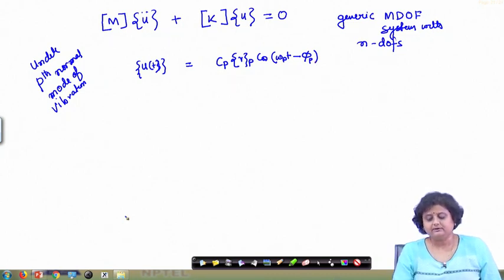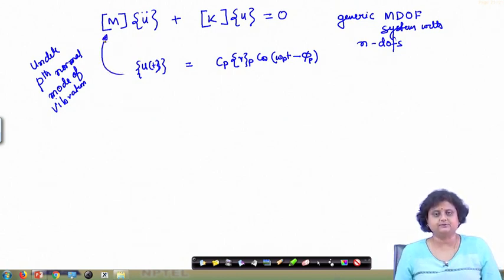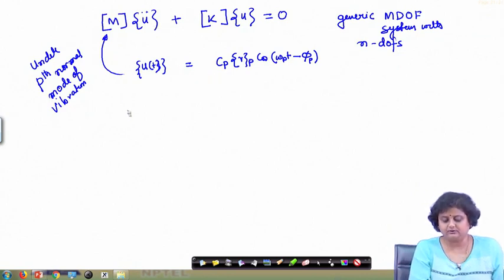Since this is a normal mode of vibration of the above system, this should be a solution of this system. So, what we do is substitute this solution into this equation.